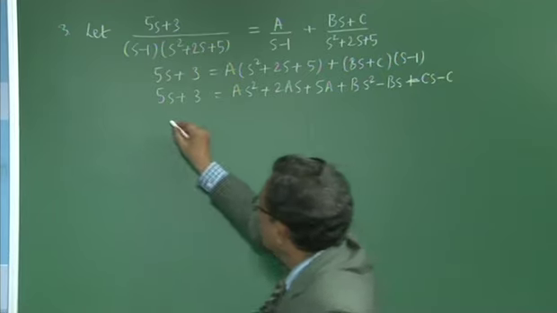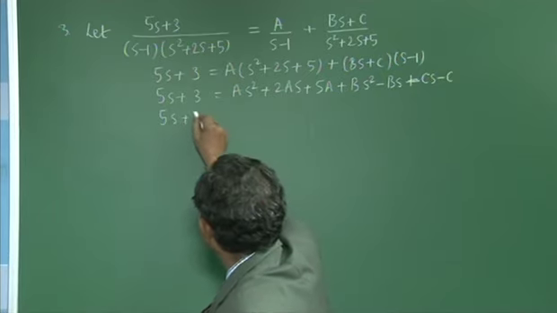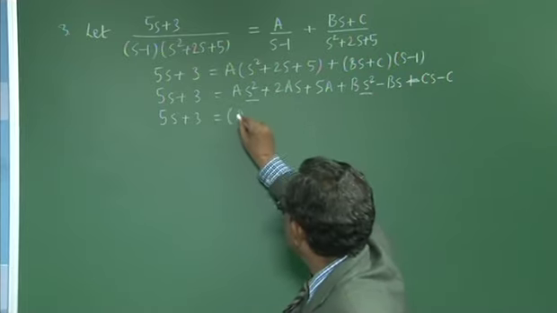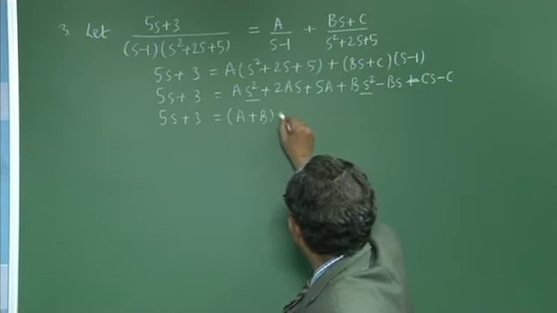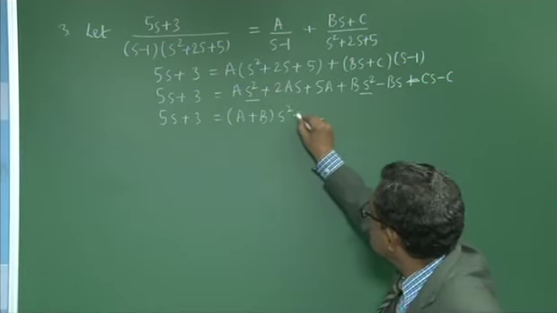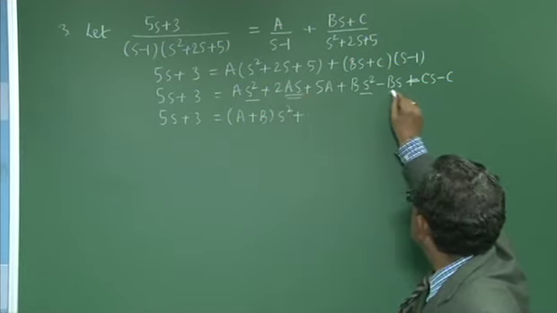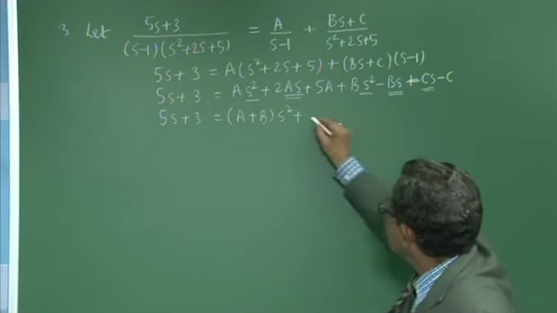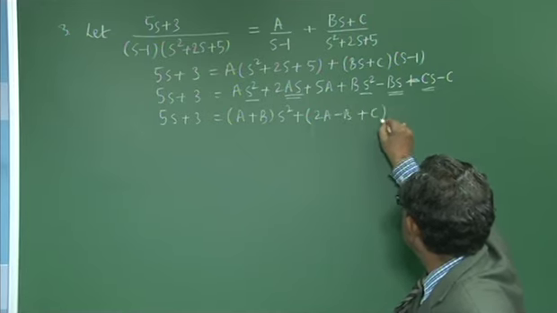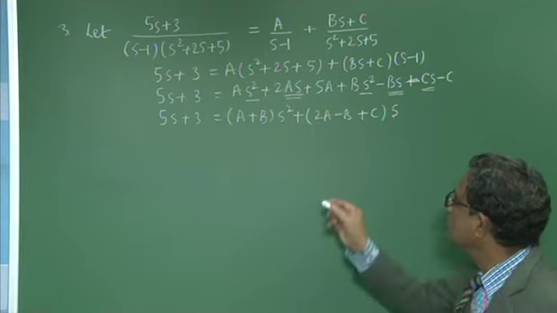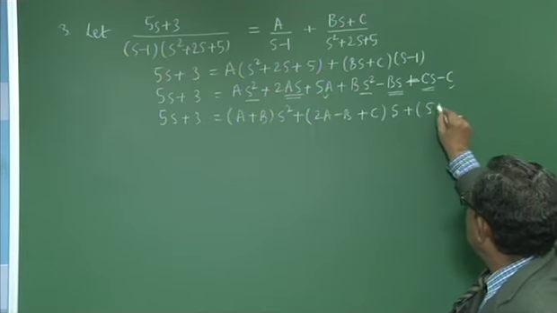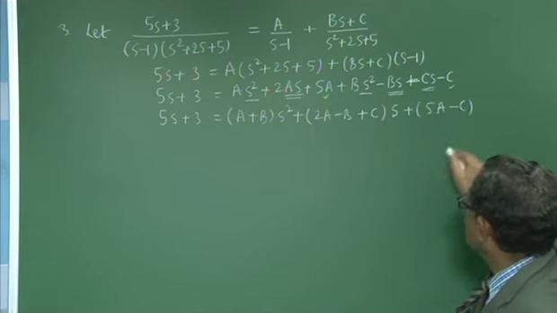Now if you simplify again, taking s square common, the coefficient of s square is a plus b into s square. Next, the coefficient of s is 2a minus b plus c into s, then the constant term is 5a minus c.